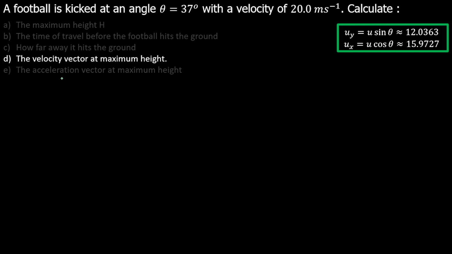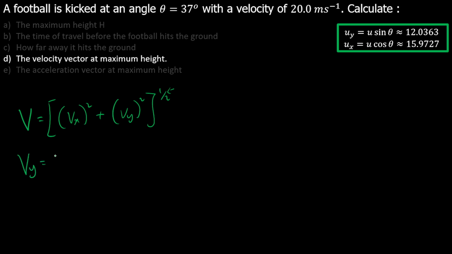The value of the velocity vector will depend on the square root of vx squared plus vy squared, the square root of both these components squared. But at maximum height, we also know that vy is going to be 0, because the gradient is 0 for sy.